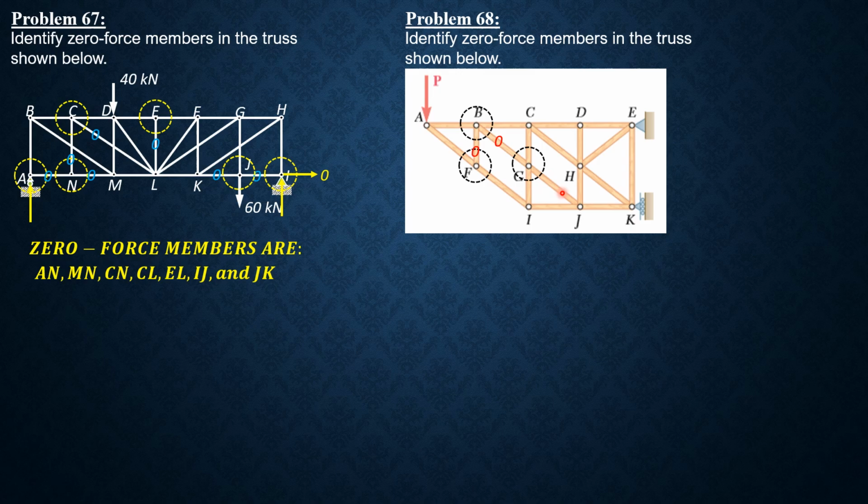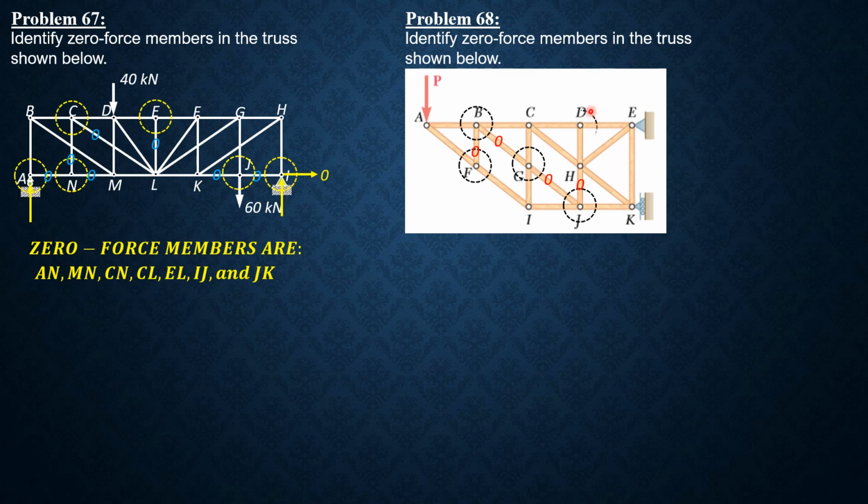GJ is unique, therefore GJ is 0. Then we proceed to joint J. So at joint J, there are four meeting members, but GJ is 0. If we remove that, two are collinear again, IJ and JK. Therefore, force in HJ is 0.